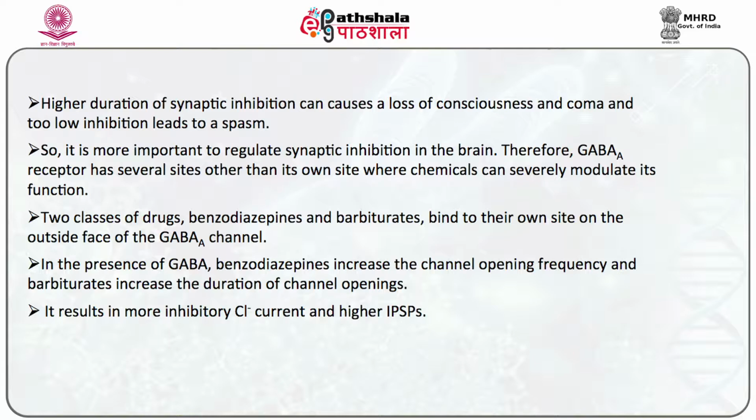For example, two classes of drugs, benzodiazepines and barbiturates, bind to their own sites on the outside face of the GABA A channel. These drugs do not show any significant effect when they bind to the site in the absence of GABA.